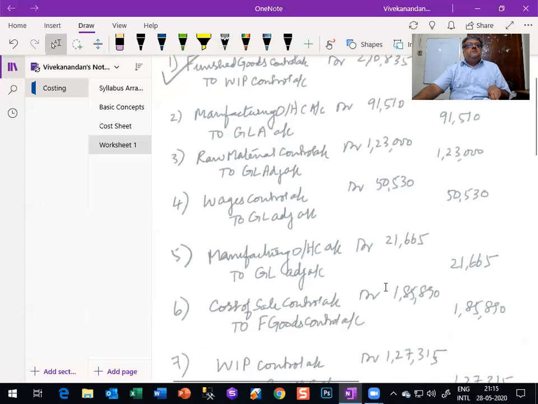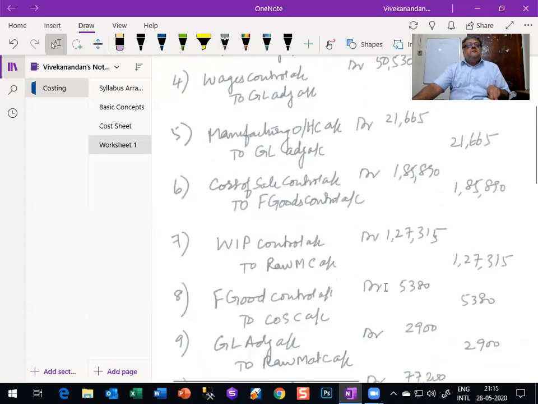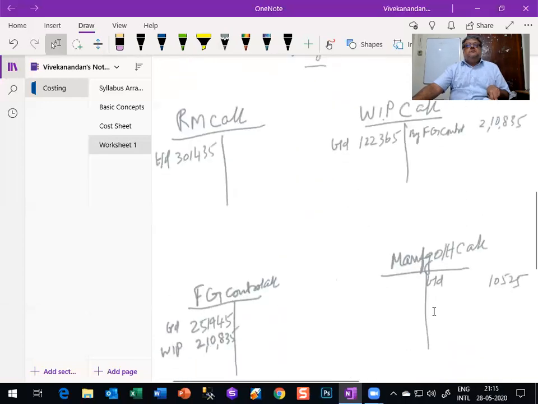The next is manufacturing overheads debit to general ledger. Manufacturing overheads to general ledger adjustment account. How much? 91 item.